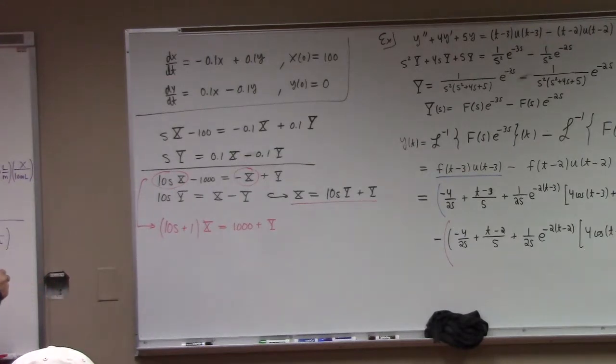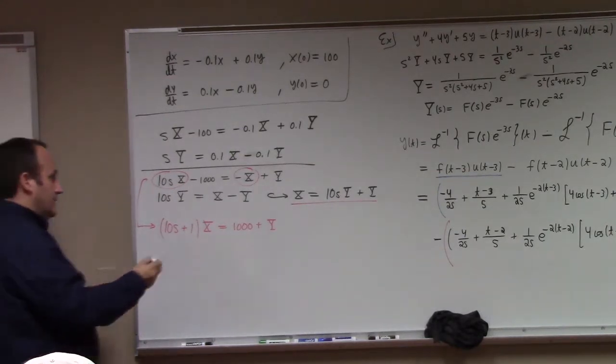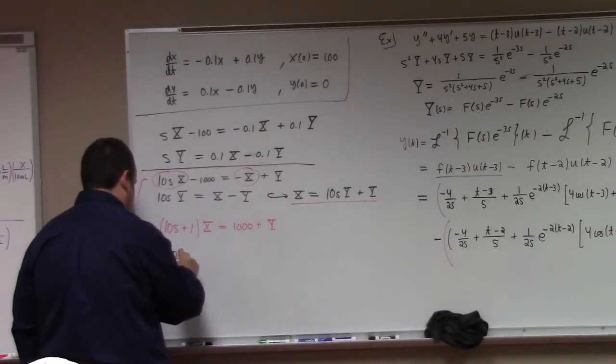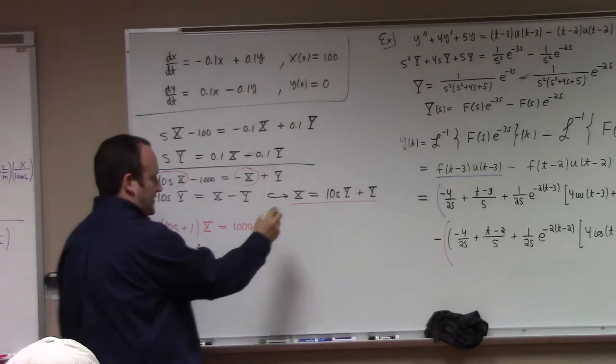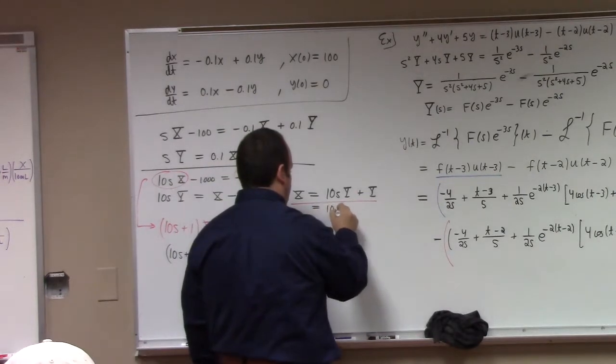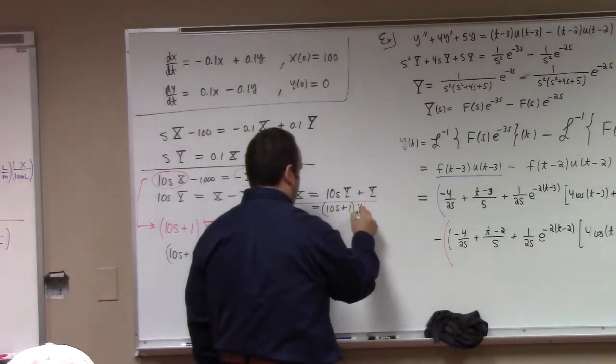Now I'll make my substitution, which is (10s plus 1) quantity squared. See, because this is really (10s plus 1) times big Y, right?